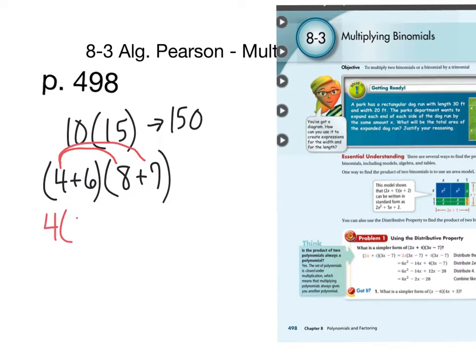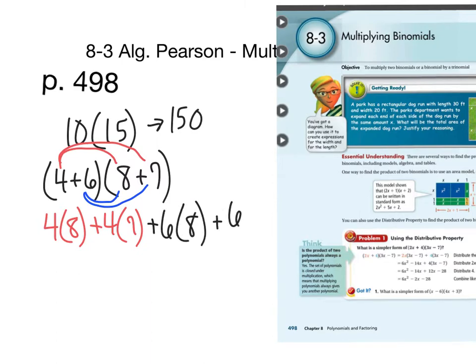So we can do 4 times 8 plus 4 times 7. And then we can also distribute the 6 to both terms in the second set of parentheses. So that would be 6 times 8 plus 6 times 7.